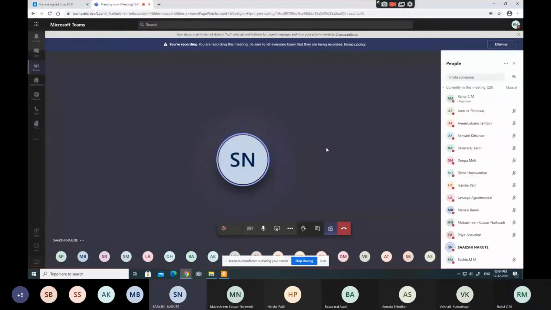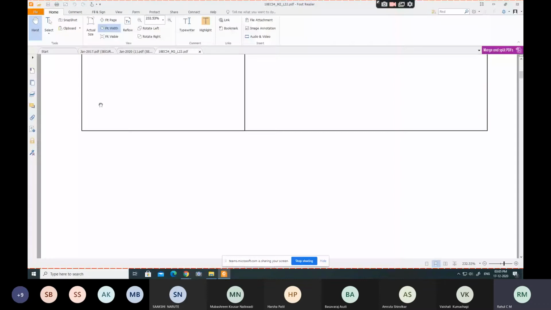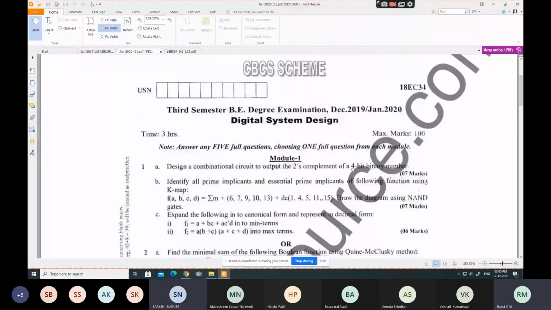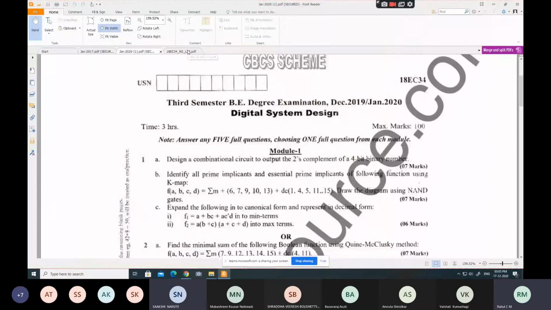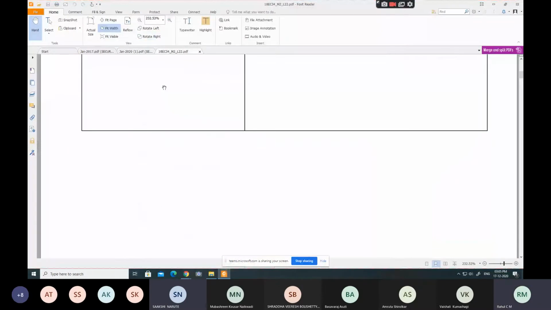In the same manner, I continued with the other combinations, all 16. I considered the first one, 0000, took its one's complement, then added 1 to get the 2's complement.